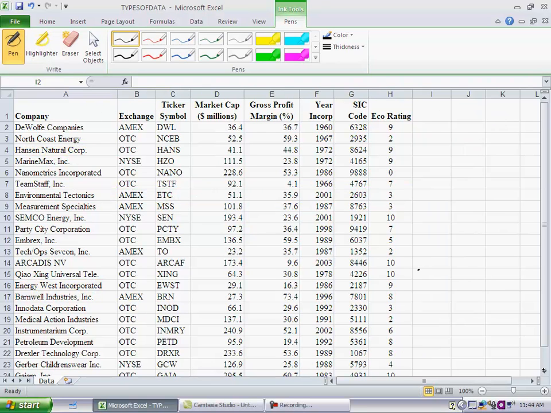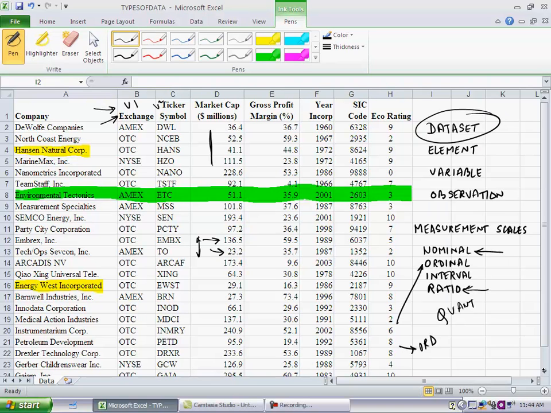In other words, the order makes sense, so they're sequenced. So 3 is better than 2, 4 is better than 3, and so forth, but 8 is not twice as good as 4. Okay, so when you have a variable like eco rating, it's what's called an ordinal variable. And again, it implies that certain calculations are okay, certain calculations are not okay with that type of variable.